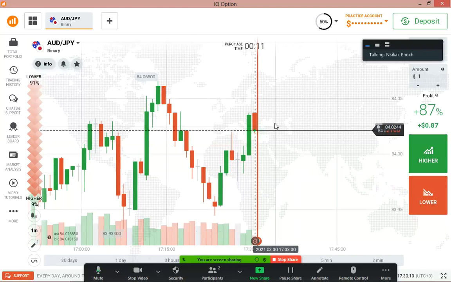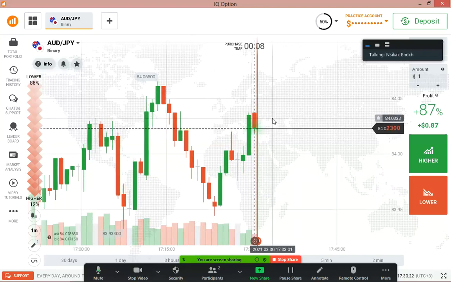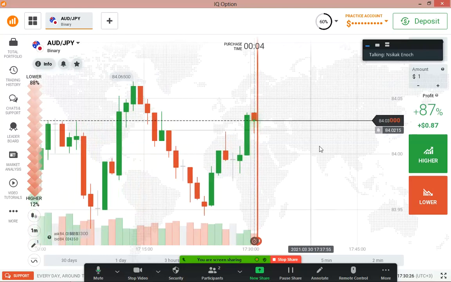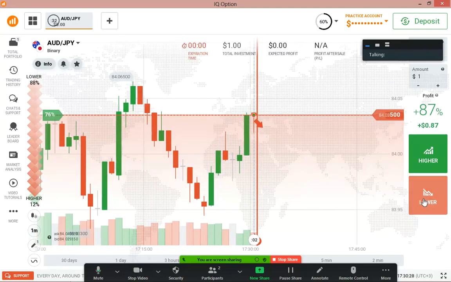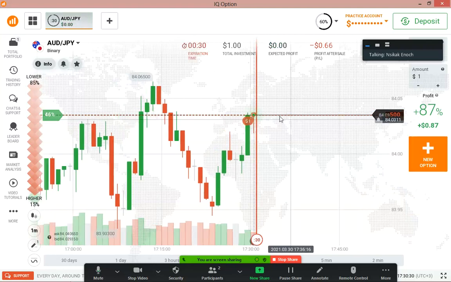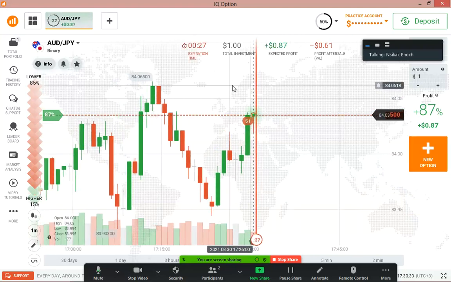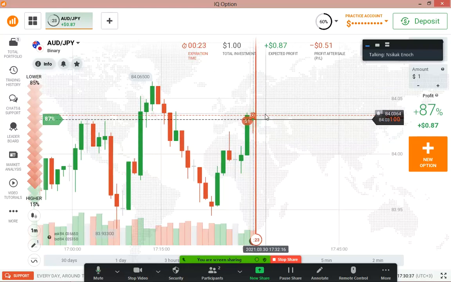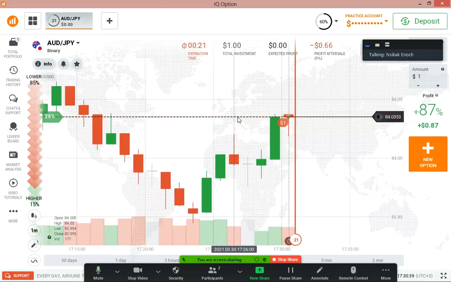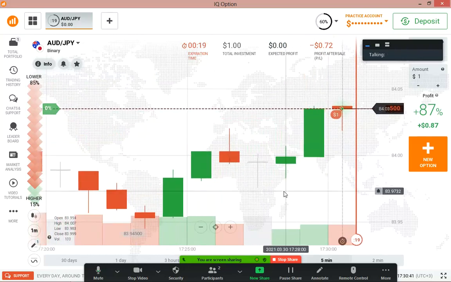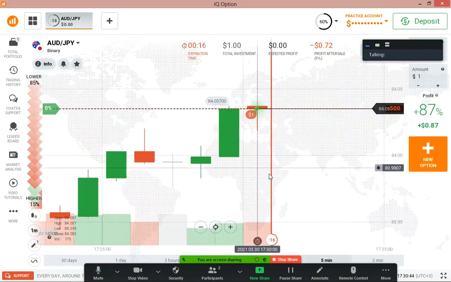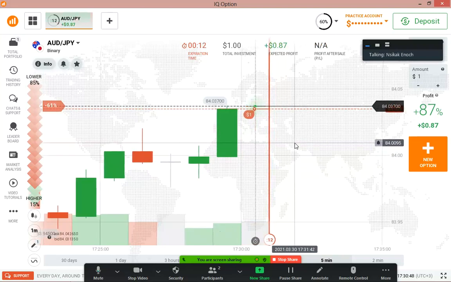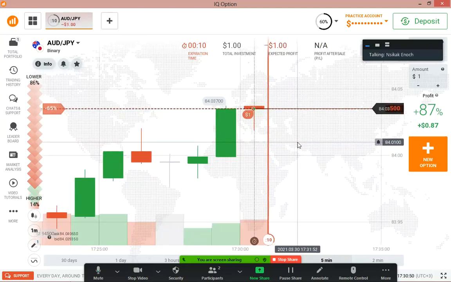Why is it that I am to place put option here? You will not find out. Another lazy trader that is not hardworking is that if I place put option here, and I want this trade, let the candle close.